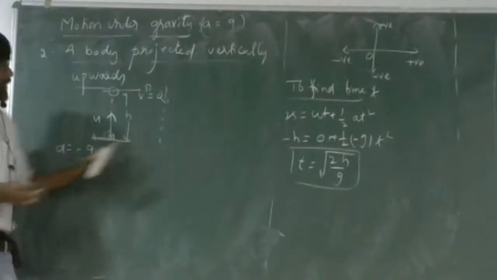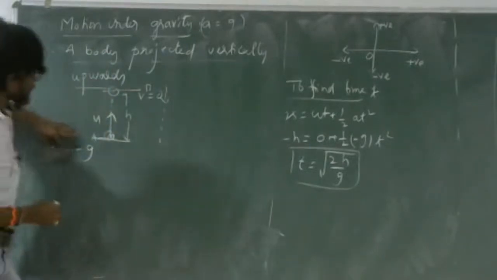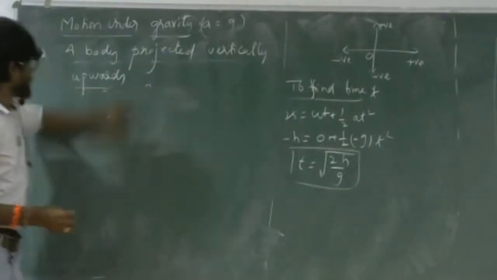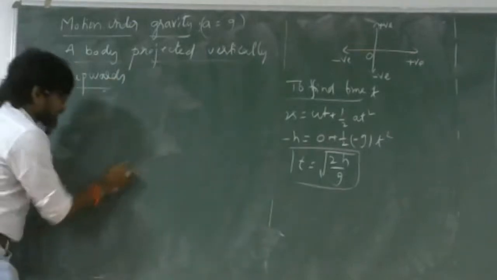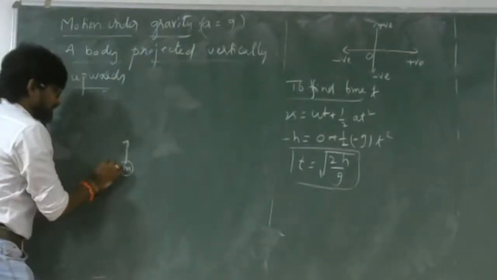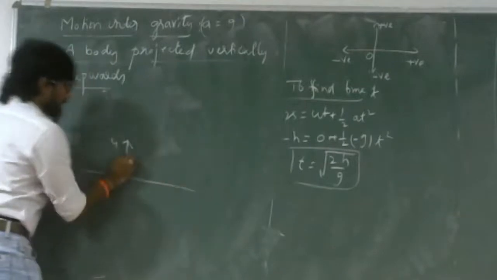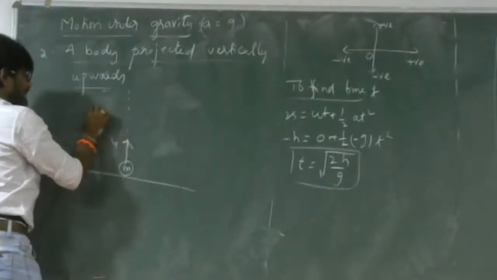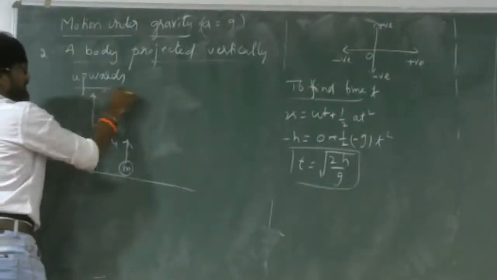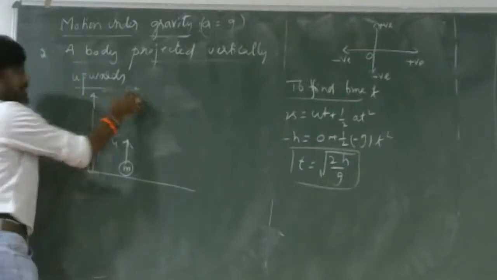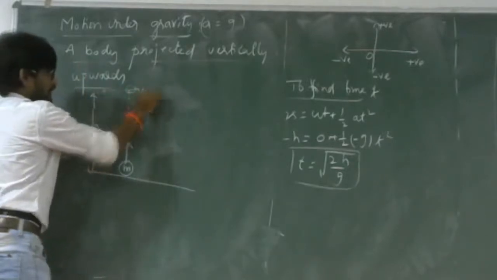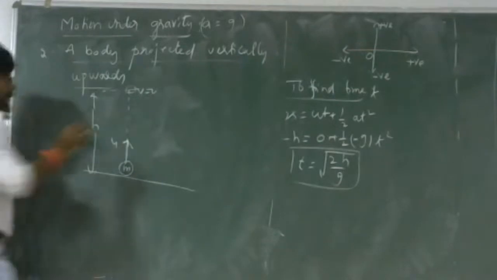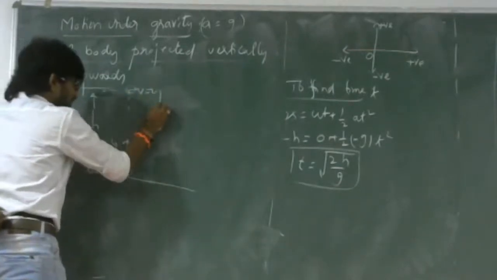Let me draw this a little bigger. If you project a body of mass m with initial velocity u from the ground, it travels to some height h, then here it stops, meaning the final velocity becomes 0. Then again it retraces its path.